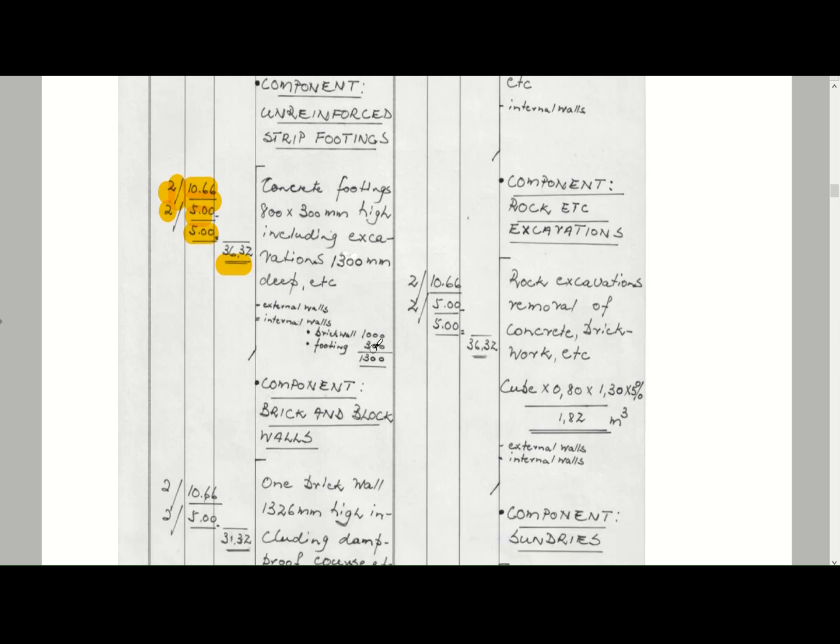Okay, so that's more or less how the measurement works, and then you will see there's some additional calculations here. External walls, internal walls, brick wall is 1,000 millimeters, and your footings is 300 millimeters. So this is just for whenever you do your measurement and you need to transfer it to your cube measurement, you can see what the depth is, and when you take it over to your bill of quantities, you times it with this 1.3.